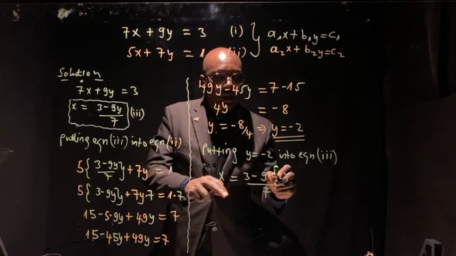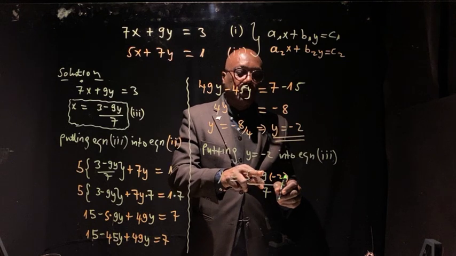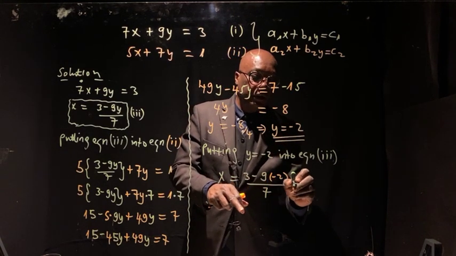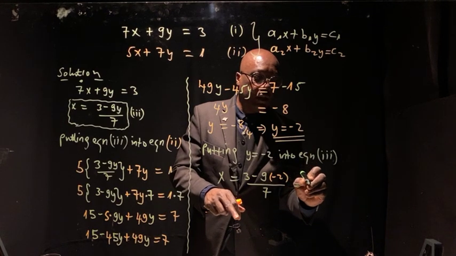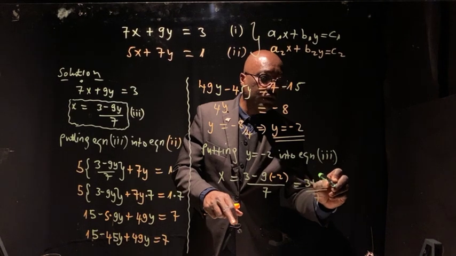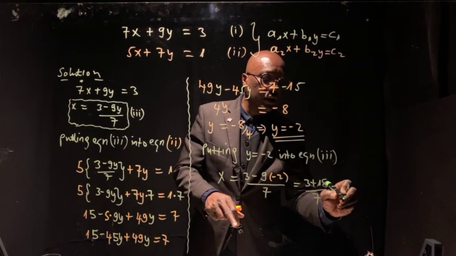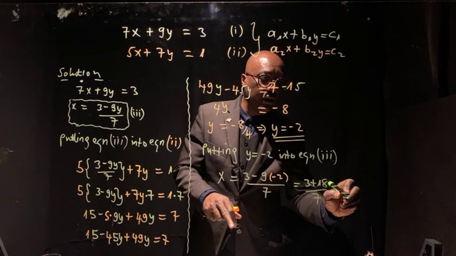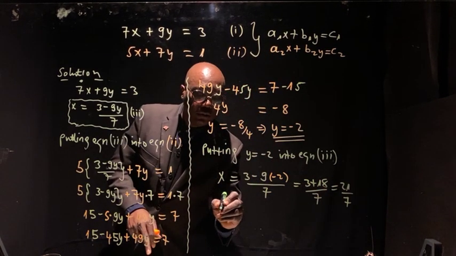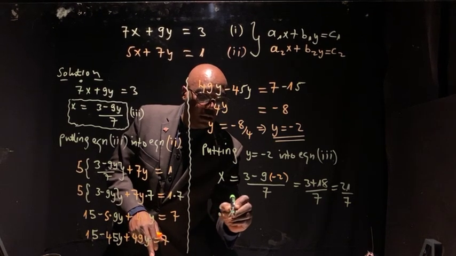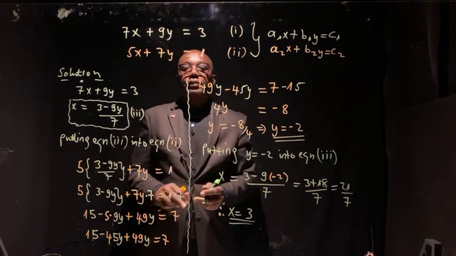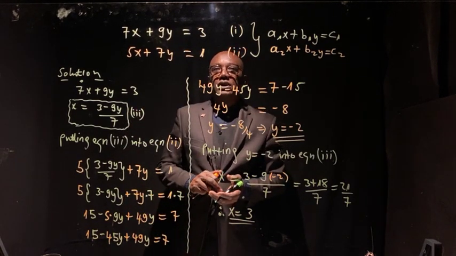So you have here 3 minus 9 multiplied by minus 2, which will give us 3 plus 18 over 7, which is equal to 21 over 7. 21 over 7. Therefore, x equal 3. So you can see that you have already solved the simultaneous equation.